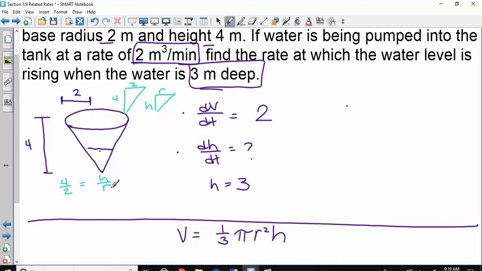We want to get rid of r, so if we just cross multiply, 4r equals 2h, so your radius is h over 2. Does that check out for the original? My radius is the height divided by 2? Yeah.